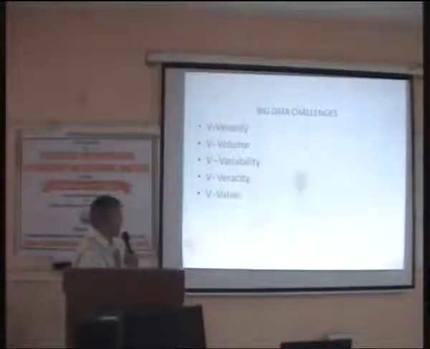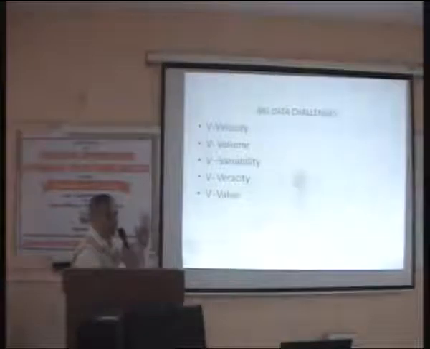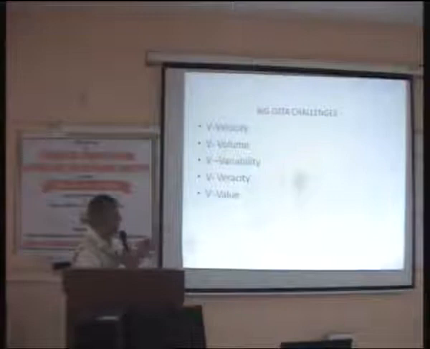Then the second problem is the volume. A huge amount of data is entering. Your one click has how many entries? Your name, your address, what you have written there, what time you have written it, at what time you clicked it, what comment you have made, everything. So the amount multiplies.